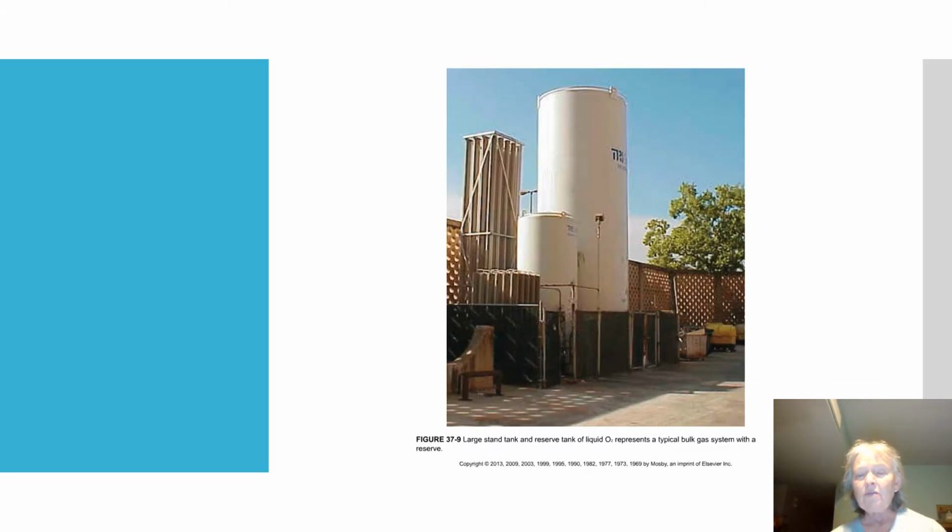So this is a picture of a bulk system, and as you can see, there's a main unit and then there's a backup to it. One of the requirements, and you're going to see this in a couple of slides, is you have to maintain an average of 1 day backup for your system. That way, if you lose the main system, you still have the backup system.